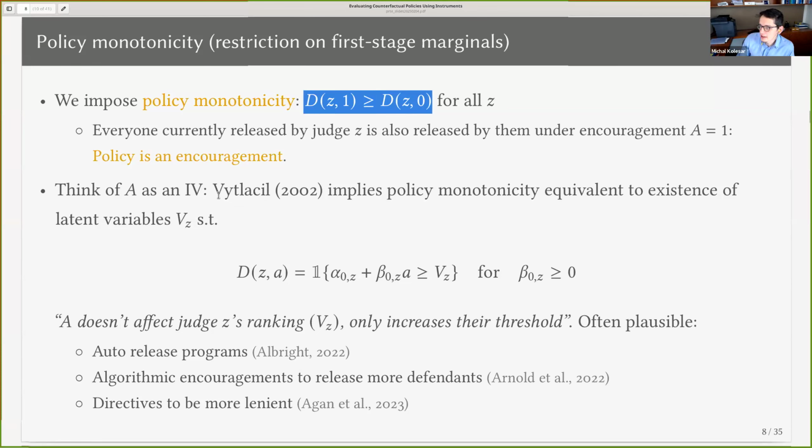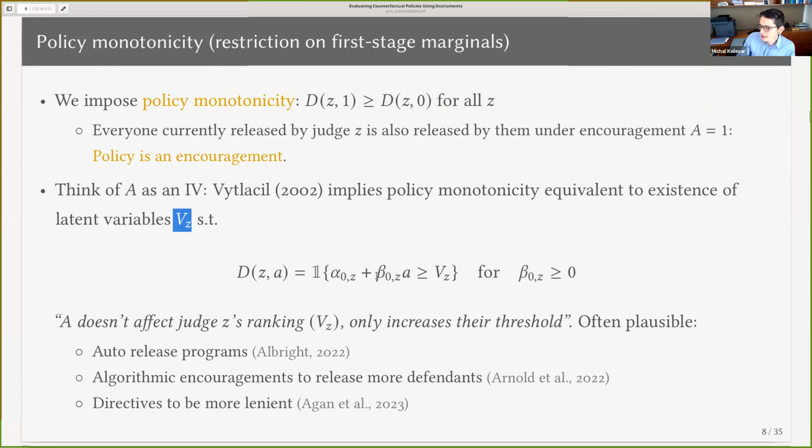By Vytlacil's equivalence result, you can think of that as follows. There is some latent model for determining whether I'm released or not, and under this assumption there must be some latent variables, some cutoffs V_Z, that each judge uses for determining whether I'm released or not.